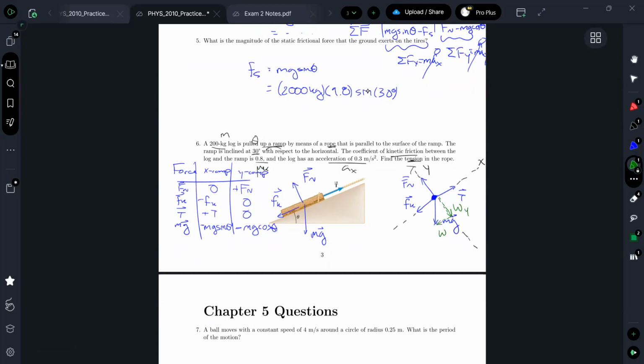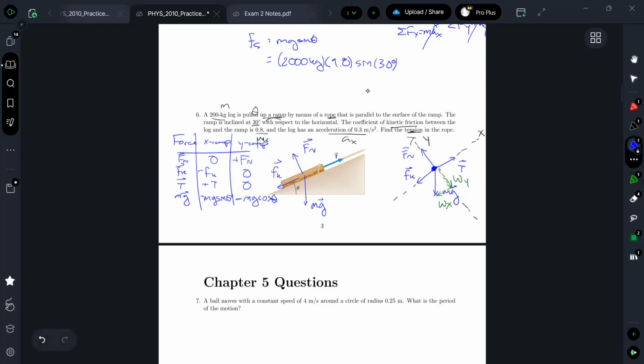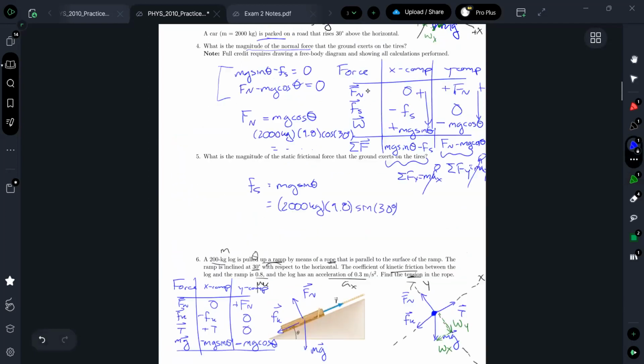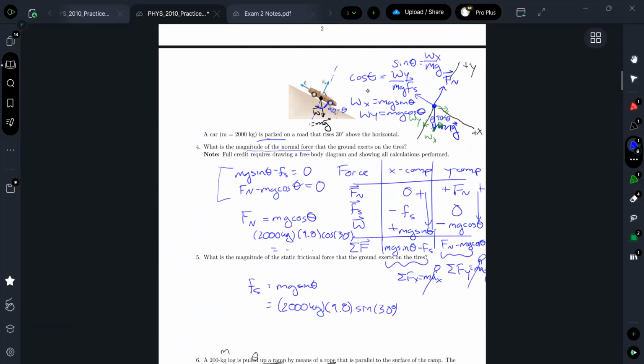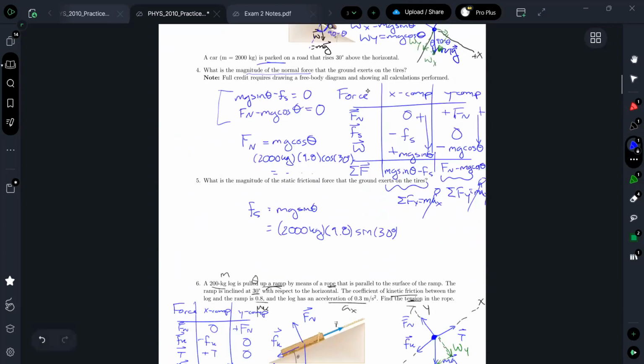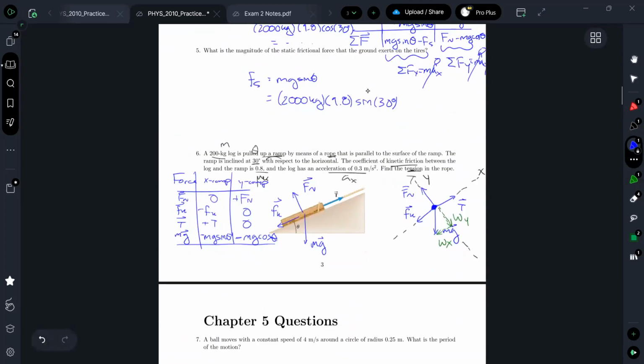This is wx. So it's in the negative x and negative y directions. You have a negative for both. How I got sine and cosine is the same way as in this problem up here. I just jumped a couple steps just to keep it a little bit shorter, but you can follow the exact same process we did up here to get that, and I would recommend it.